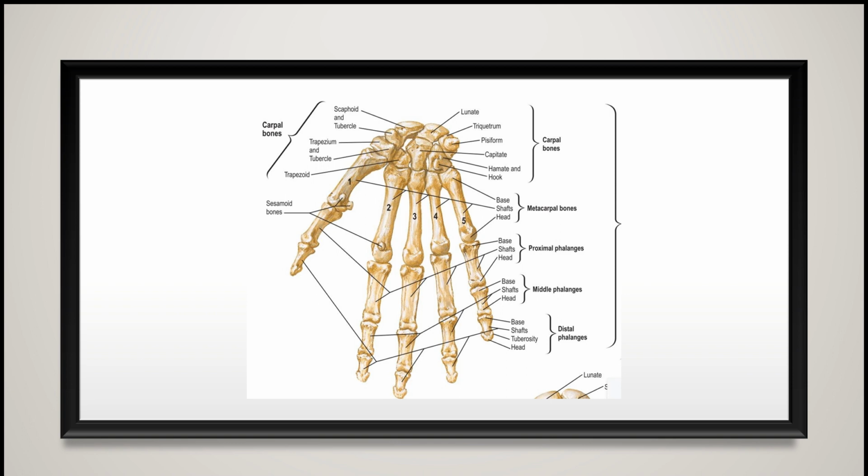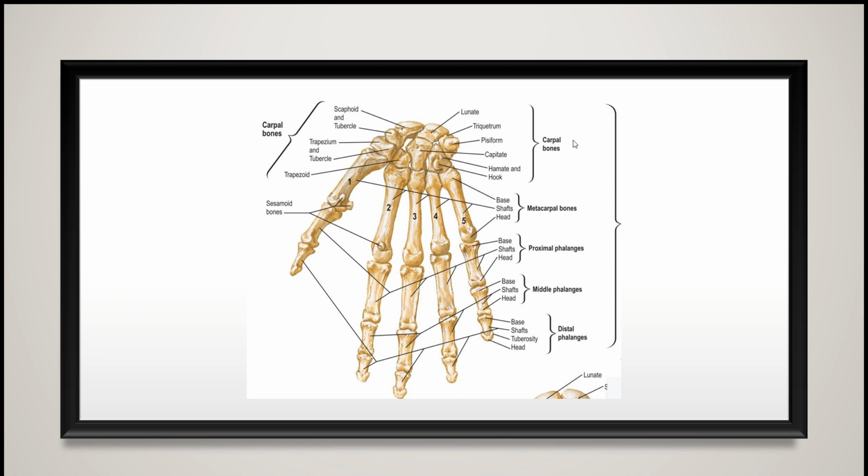The proximal interphalangeal joint allows 5 to 110, 5 of hyperextension and 110 of flexion. So the greatest flexion is in the proximal interphalangeal joint, and the greatest extension is in the distal interphalangeal joint.